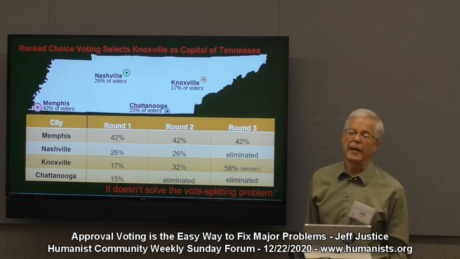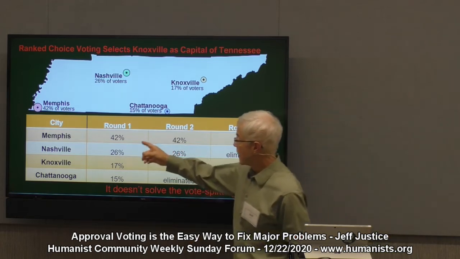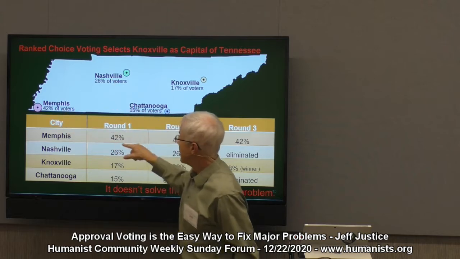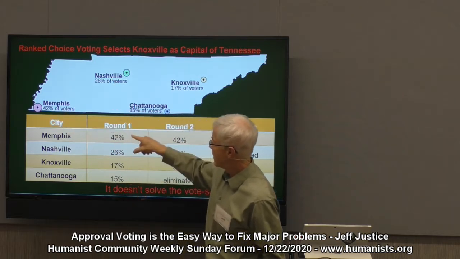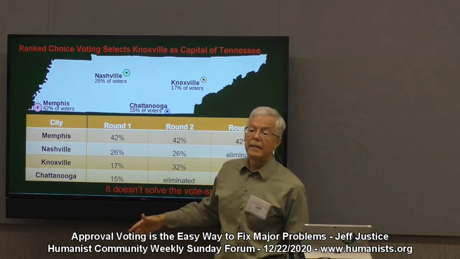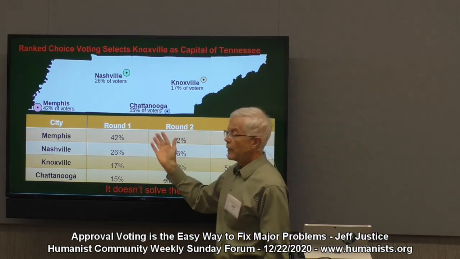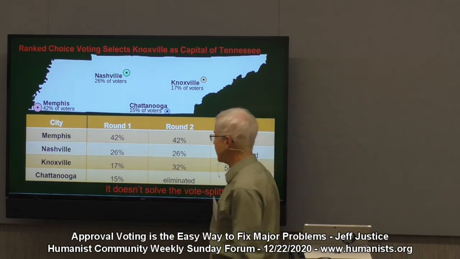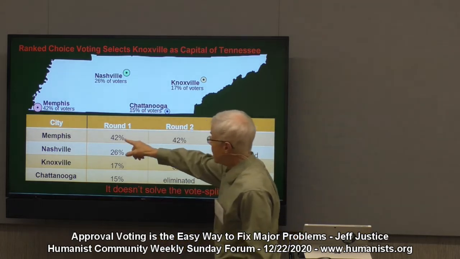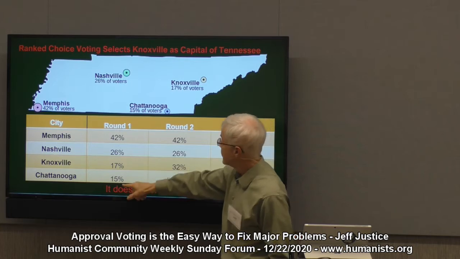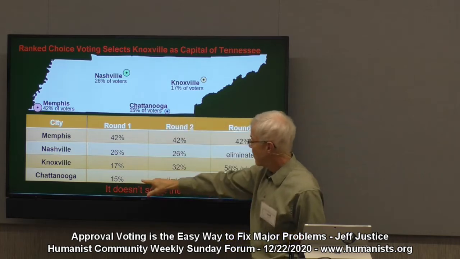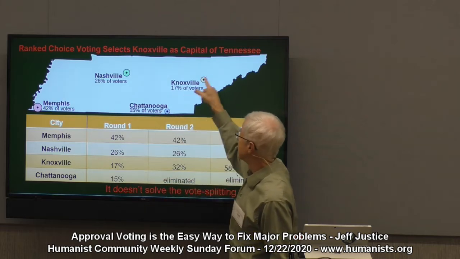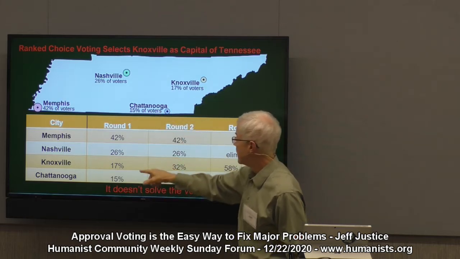So this is a graphical way of seeing how the system would work. So in round 1, the first place voters just go by population. Memphis would win. And that's the way it would be if it was just one round of regular voting too. Memphis would be the capital. But no one has 50%, so Chattanooga gets eliminated. And its 15% goes to the next closest city, which is Knoxville.